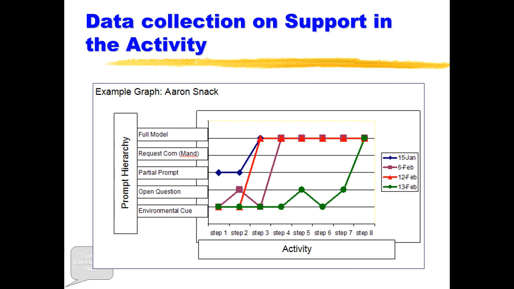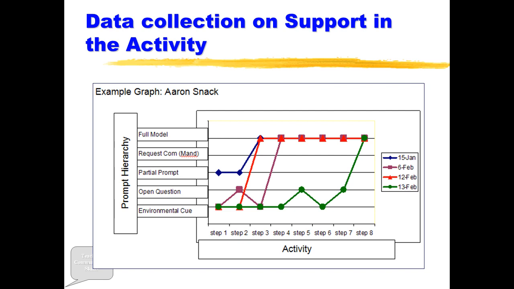During a snack activity, you see the different steps, and then the different levels of prompting, and what you're looking for is for it to come down. Here, within just one month of data collection, the blue was the first time they collected data. The student was at a partial prompt to a full model. On the last data collection in this sample, the green, it came down to him communicating at just environmental cues and a couple of open questions.